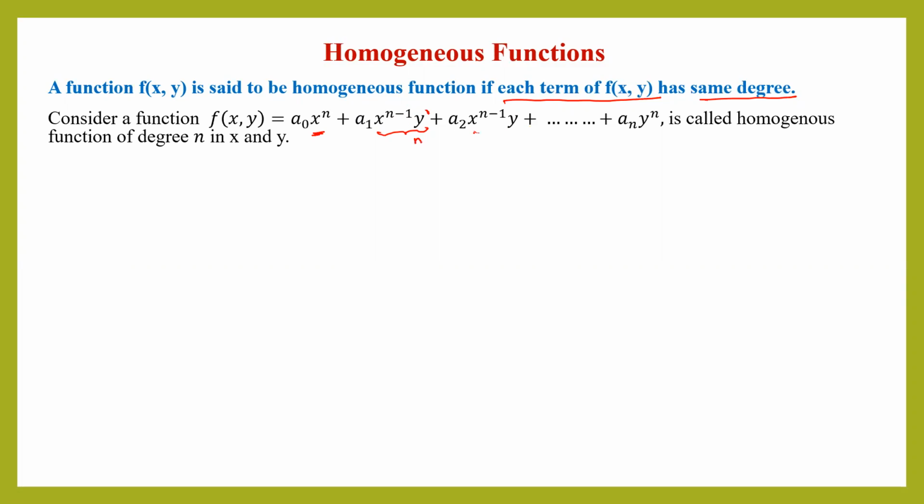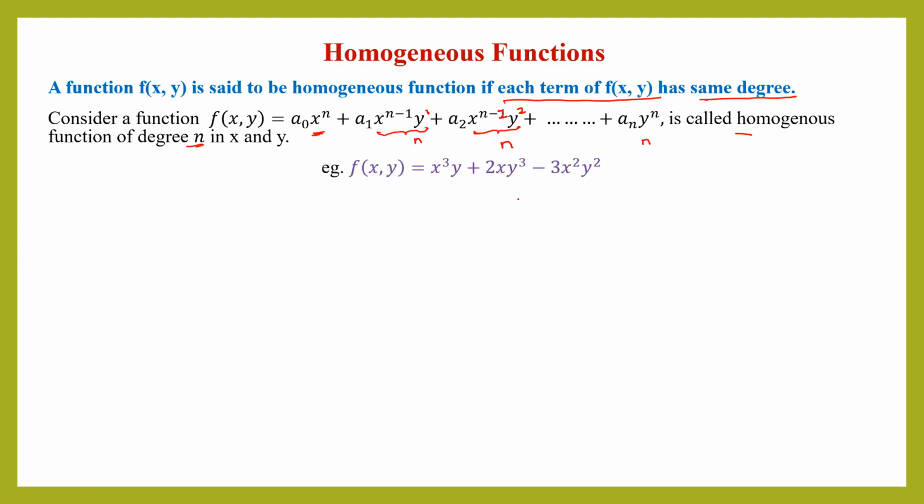Here also the sum of indices is n, with y squared. So each term has the same degree n. So this function is said to be homogeneous, and the degree of this function is n.